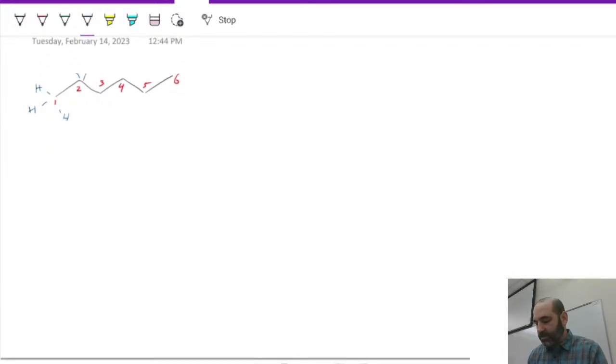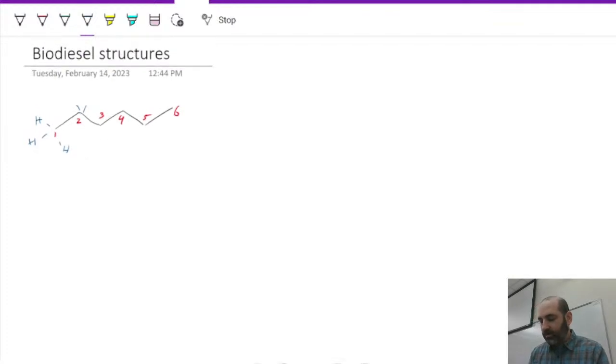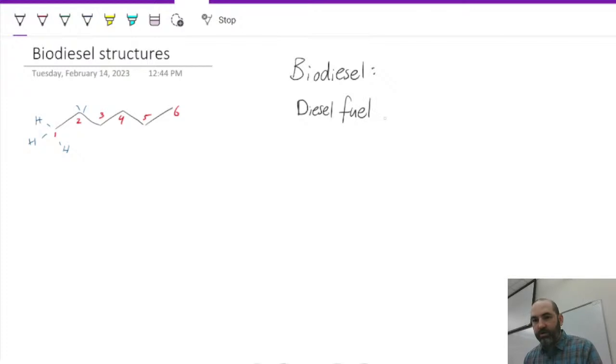All right, so let's start talking a little bit about what we're doing here with biodiesel. So first of all, what is this? Biodiesel is diesel fuel from plants.